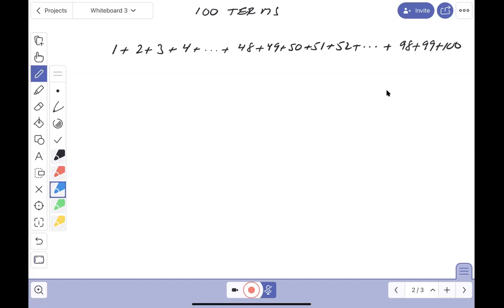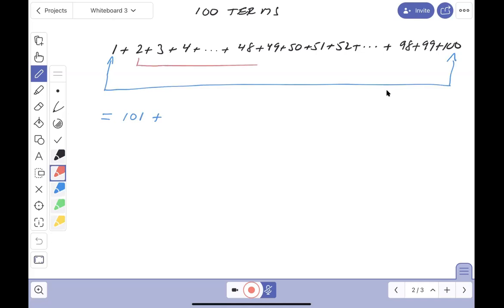The first thing I noticed, and this might seem strange to you, was that this one over here, I could commute it around and match it with this one over there. What would the sum of those two terms be? 101. And I could also look at these two terms, 2 and 99, and add them together. What would that give you?